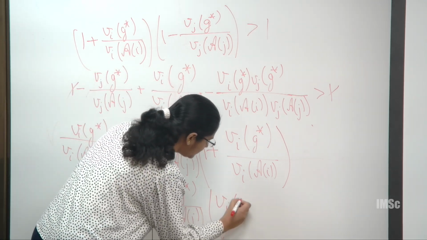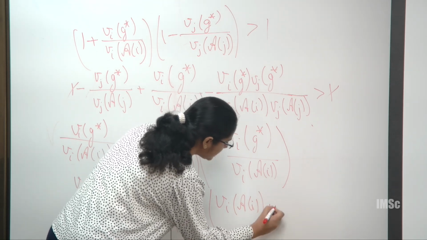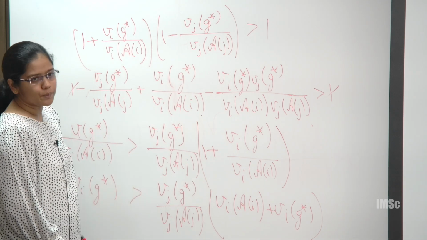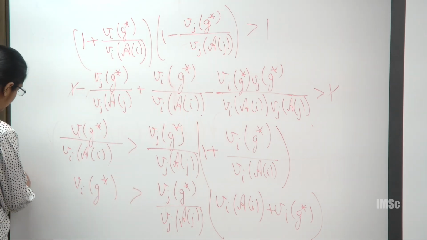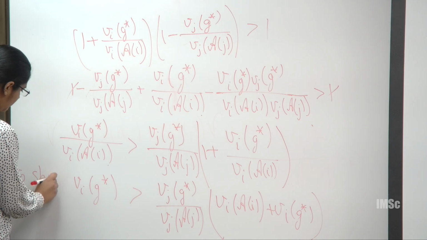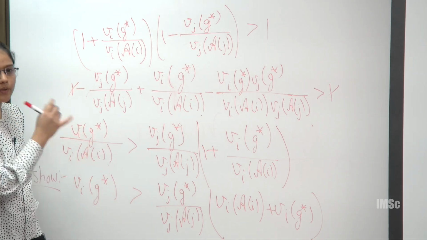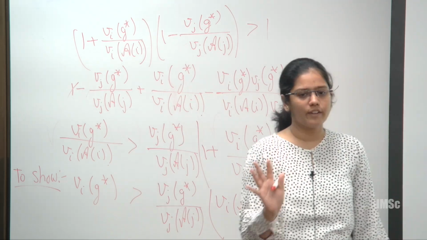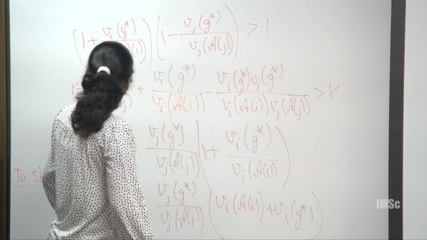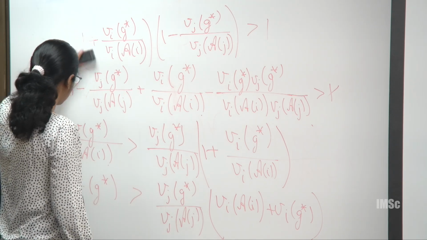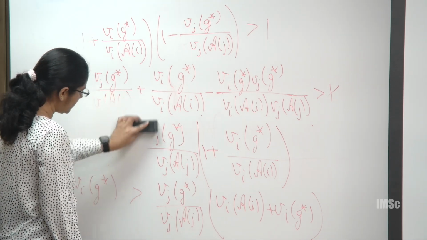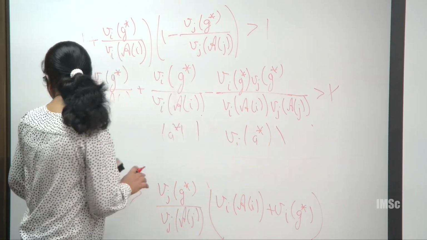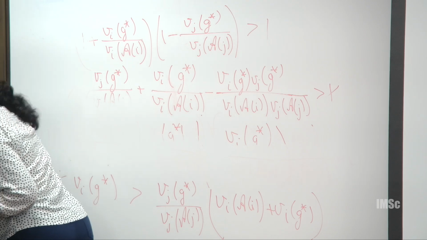This is what I want to show, correct. All these things are equivalent. Once I show that, we know that the Nash product of A prime is greater than the Nash product of A. Because this is our goal, let us forget about the rest.